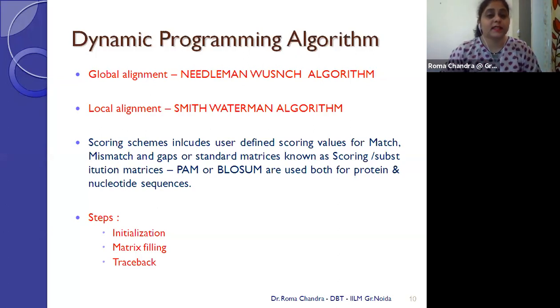So what about the steps for this algorithm? Dynamic programming is actually studied in three steps. The first one is initialization. The next step is matrix filling, and the third step is the traceback step. These are the major steps for dynamic programming, both for global as well as local types of alignment.